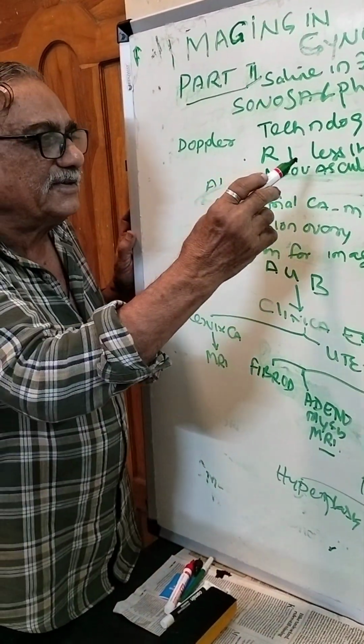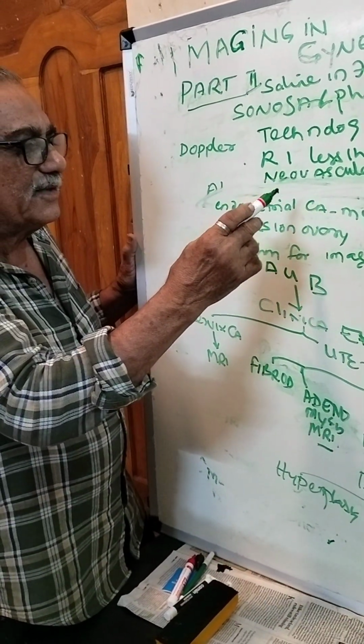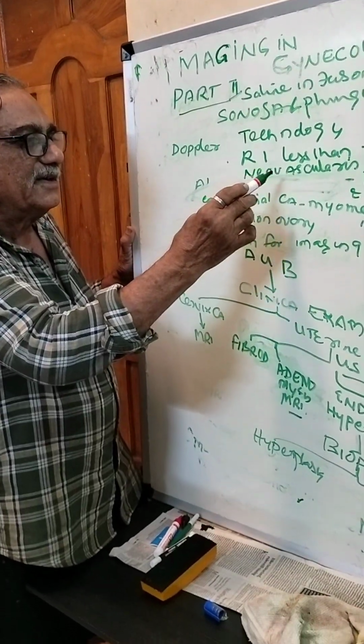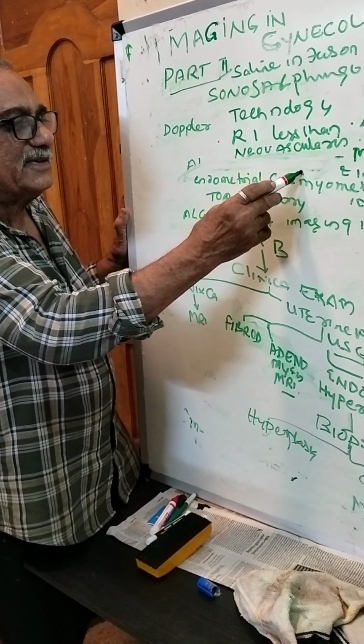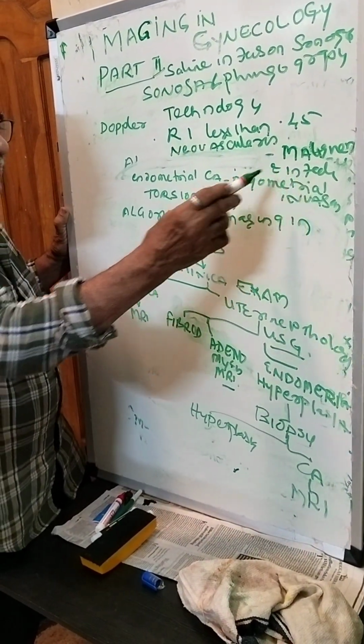Now Doppler technology. Here you will know the vascularity. In malignant tissues, the resistance index is less than 0.45 because of neovascularization. This is seen in malignant tissues and also in infections.